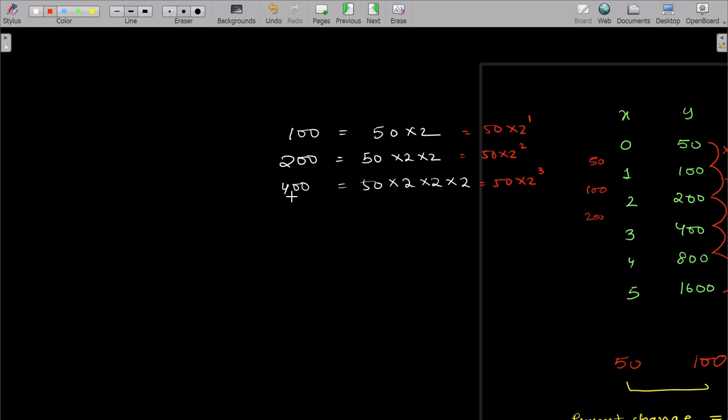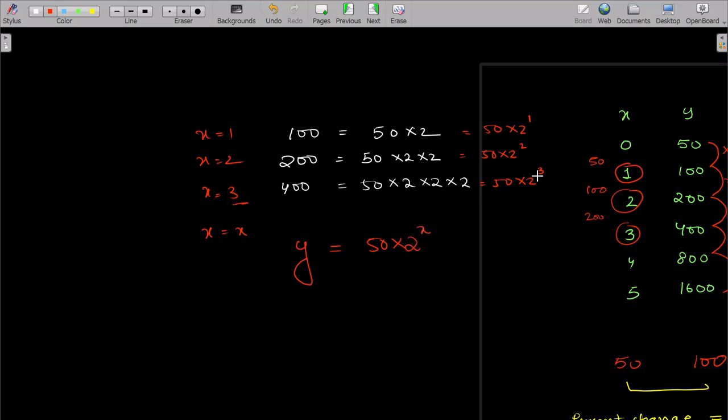If you continue like this, see, this value 100 you got when x was 1. 200 you got when x was 2. 400 you got when x was 3. So what will you get when x is just x? y is equal to 50 times 2 raised to x.